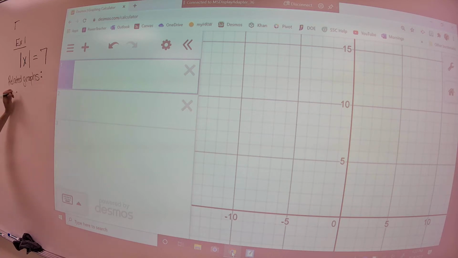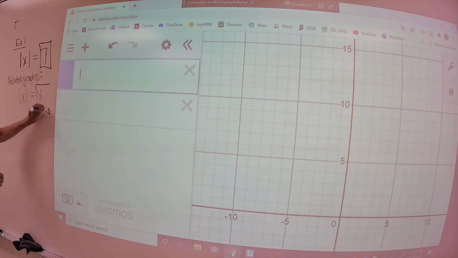So we could graph the function, the absolute value of x equals y. That equals y can go on the front end or the back end. It doesn't matter. And we want to know where that y value equals 7. So our second equation is going to be, I want that y value to equal 7.